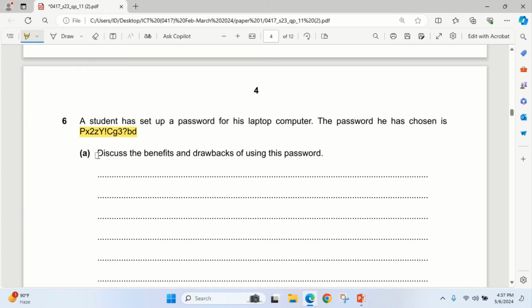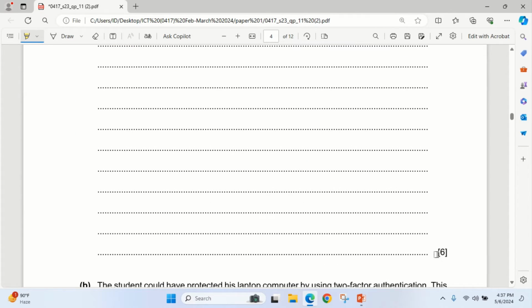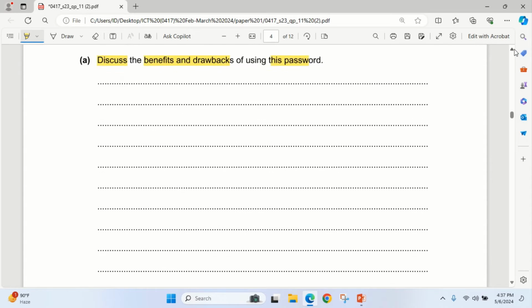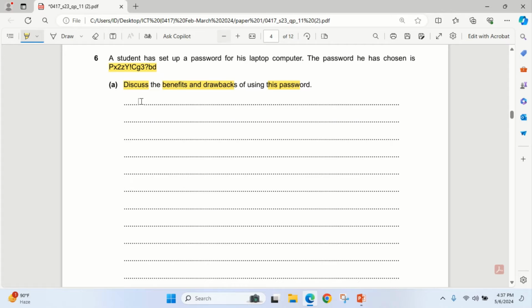Then the question, the keyword here is discuss the benefits and drawbacks of using this type of password. The benefits, and then how would you be able to know how to answer? This is a 6 marks question. So looking at this password that you are choosing, the first thing you need to consider is what type of password this is.